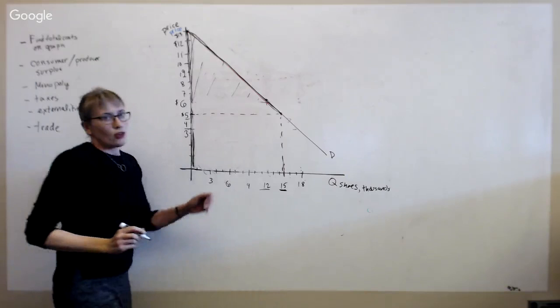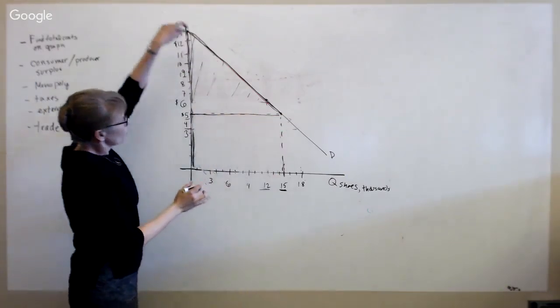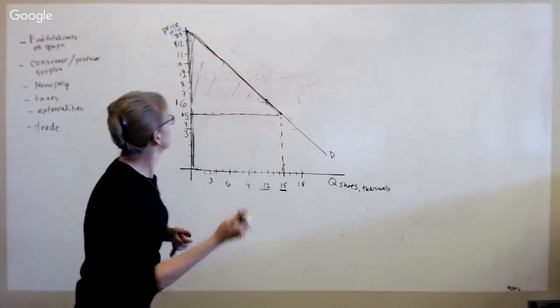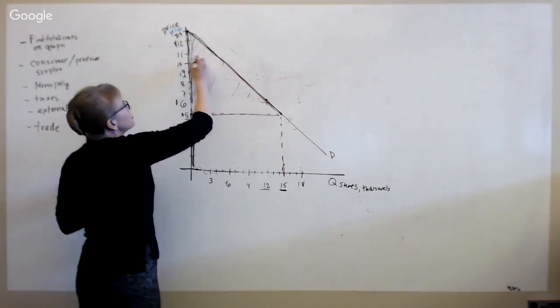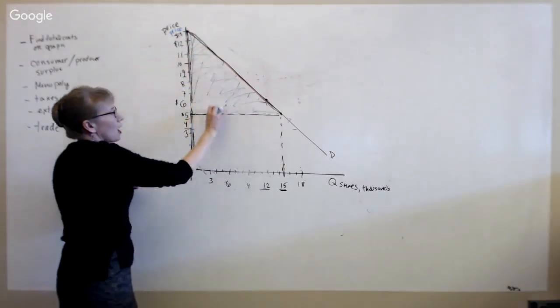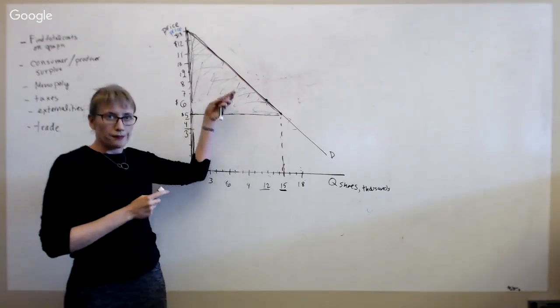And our consumer surplus is represented by this triangle underneath the demand curve up to the amount paid.